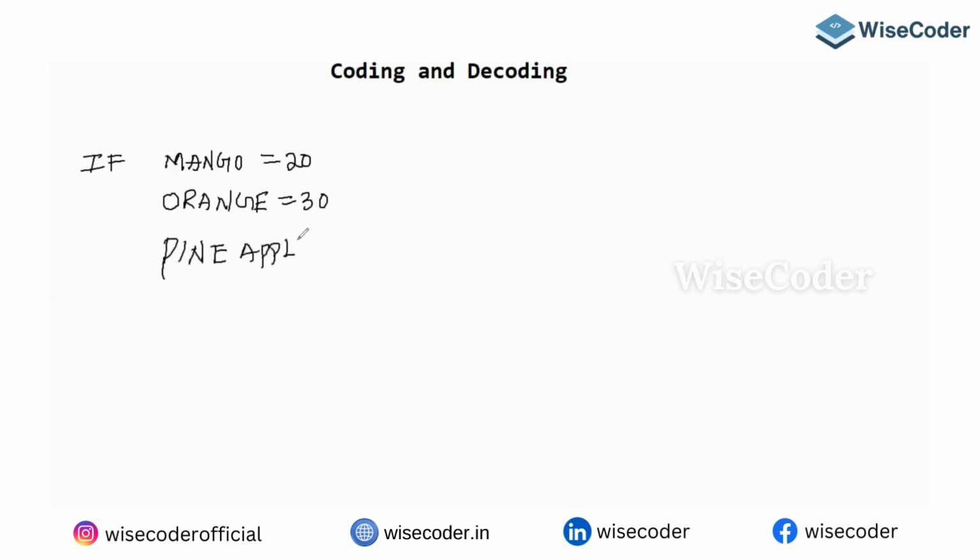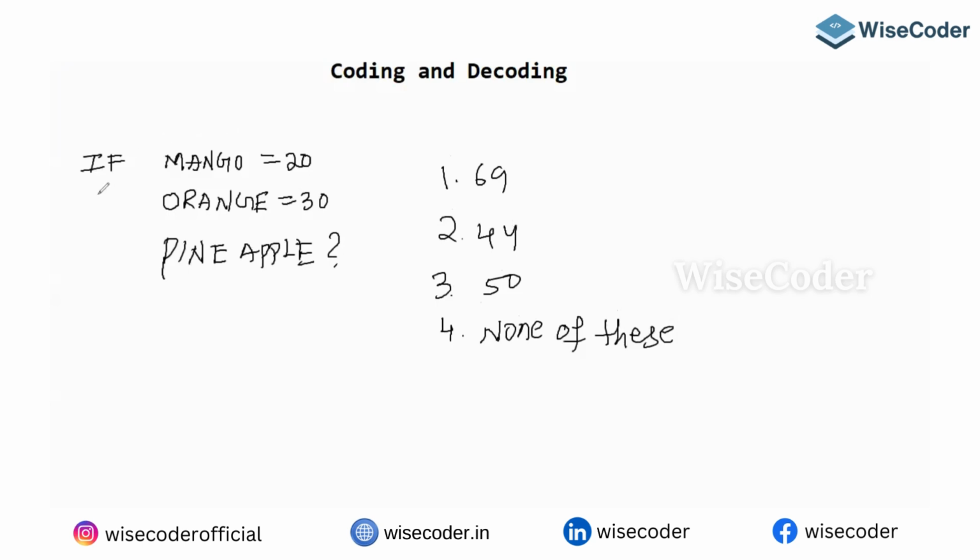Your options are: first option 69, second option 44, third option 50, fourth option none of these. If mango is equal to 20, orange is equal to 30, pineapple is equal to how much?